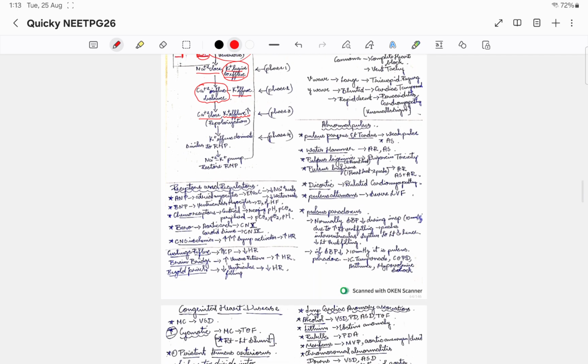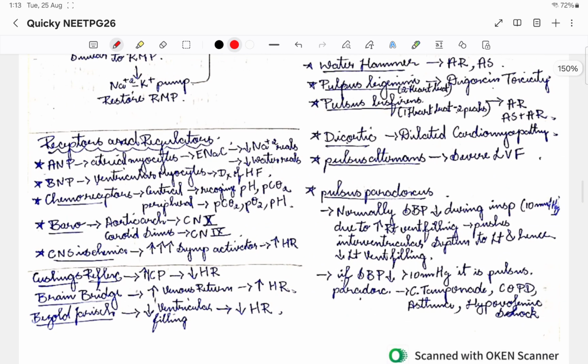Now coming to some of the regulators and receptors present with respect to cardiology: ANP and BNP, atrial natriuretic peptide and brain natriuretic peptide. The atrial myocytes have ANP and the ventricular myocytes have BNP. During damage to the heart, ANP and BNP are released.